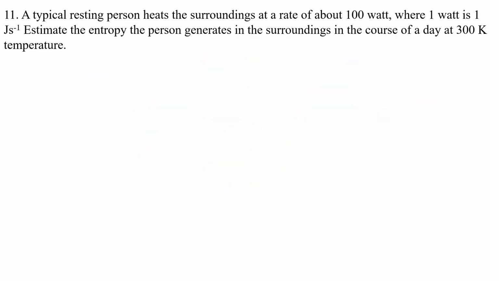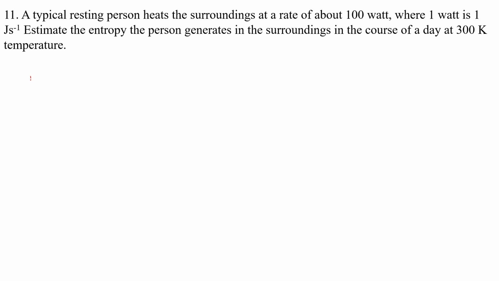So, problem number 11 says a typical resting person heats the surroundings at a rate of 100 watt, where 1 watt is 1 joule per second. Estimate the entropy the person generates in surroundings in the course of a day at 300 Kelvin temperature.